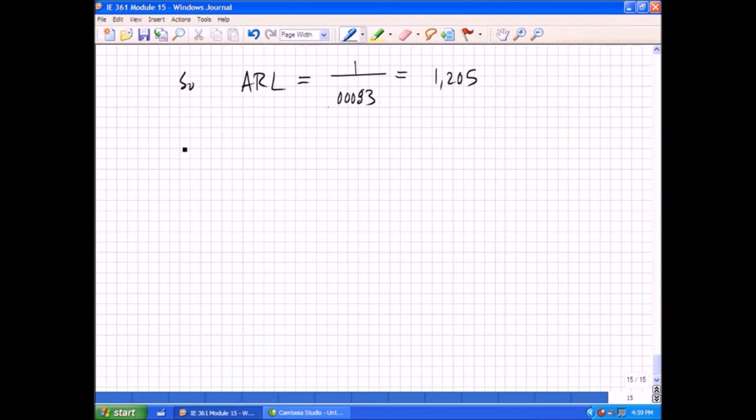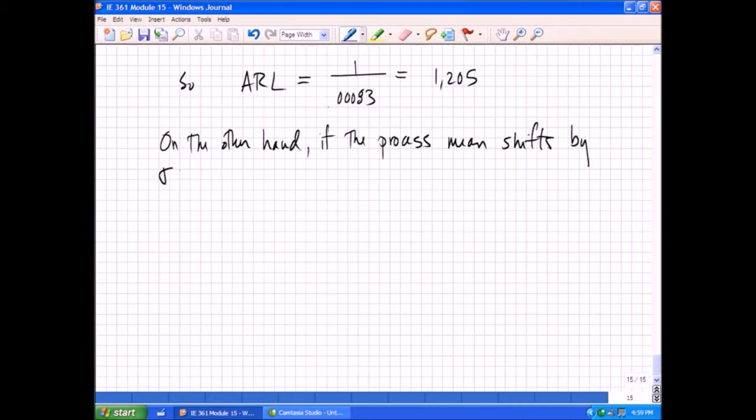What I will do here is, for example, to see what happens if the process mean shifts by, say, 1 standard deviation, so that we've got something that's similar to the X bar chart calculation that we just did.